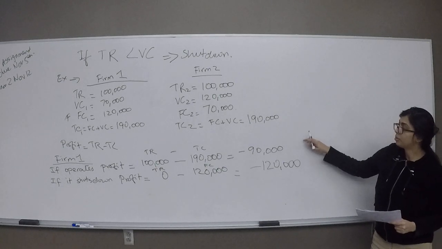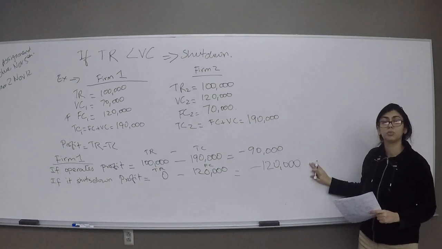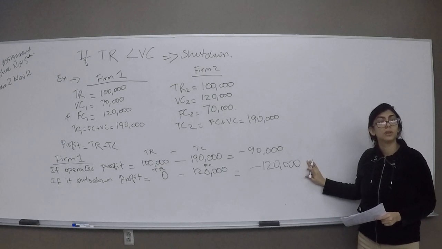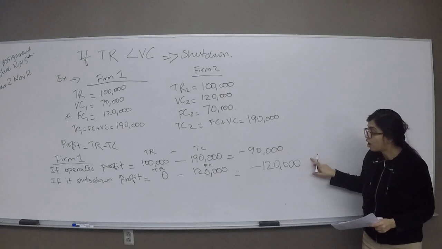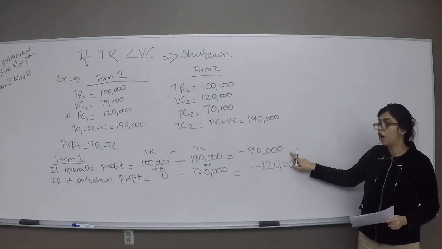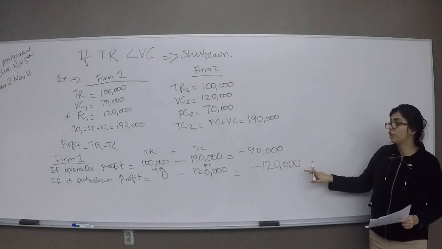So should they operate or should they shut down? If you look at the profits, what does your figure tell you? They should operate because they're losing less money if they operate. If they shut down, they're losing more money.